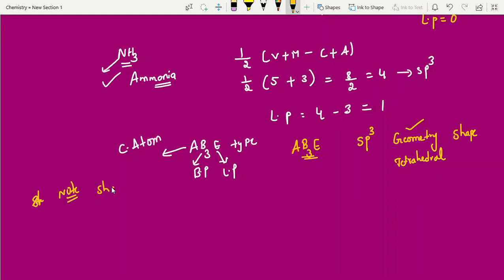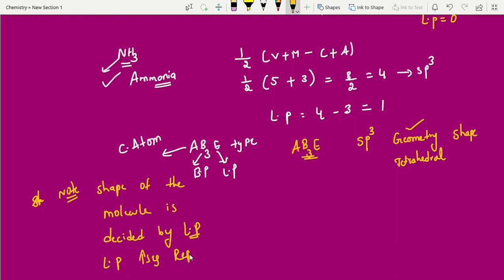The shape of the molecule is decided by lone pairs. If lone pairs increase, then what happens? Repulsions increase. Write down that point. Lone pairs increase, repulsions increase.